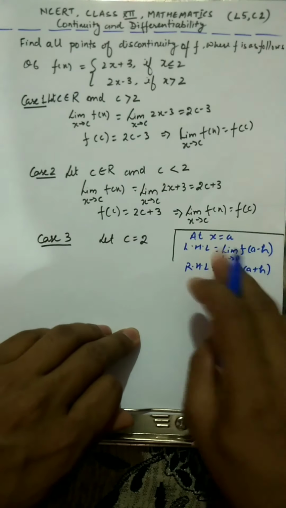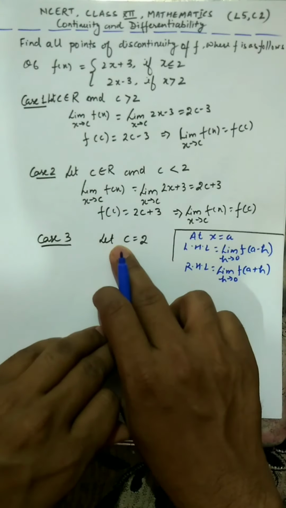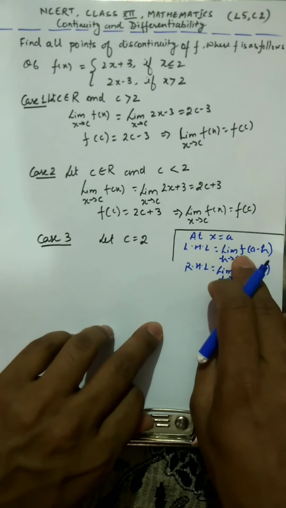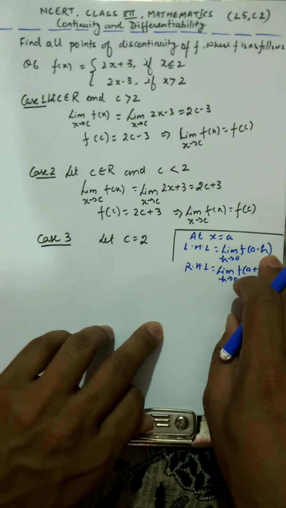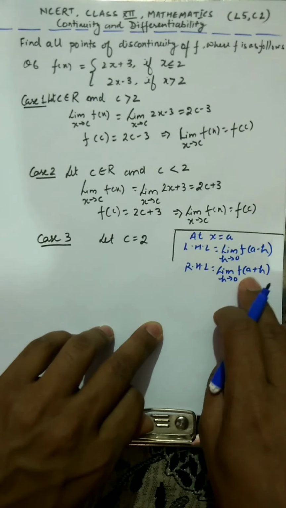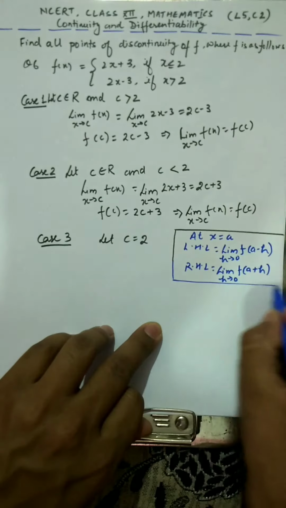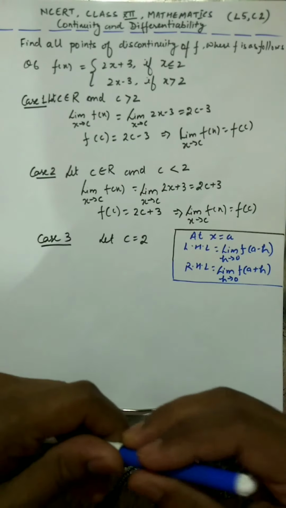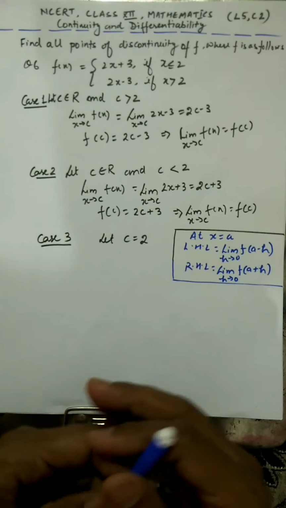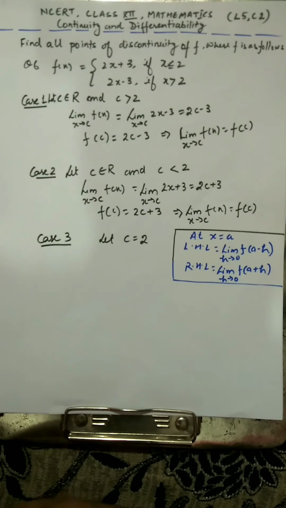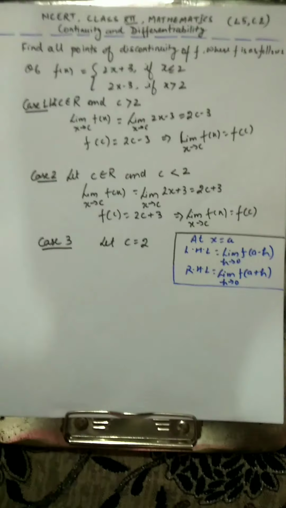So this a can vary. Right now a is 2, so our left hand limit will become limit h tends to 0 of f(2 minus h), and the right hand limit will become f(2 plus h). So we are going to use this formula. Those who want to use the formula can use it, and some of you might know how to use it directly, so you can use it directly also, but I am using this formula because it can be understood by each and everyone.